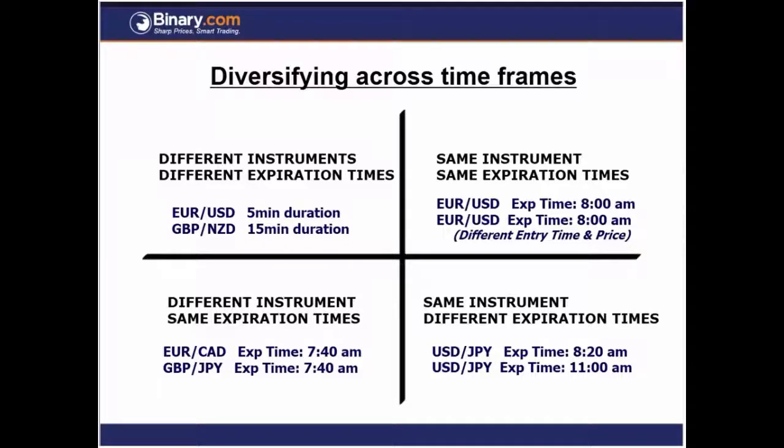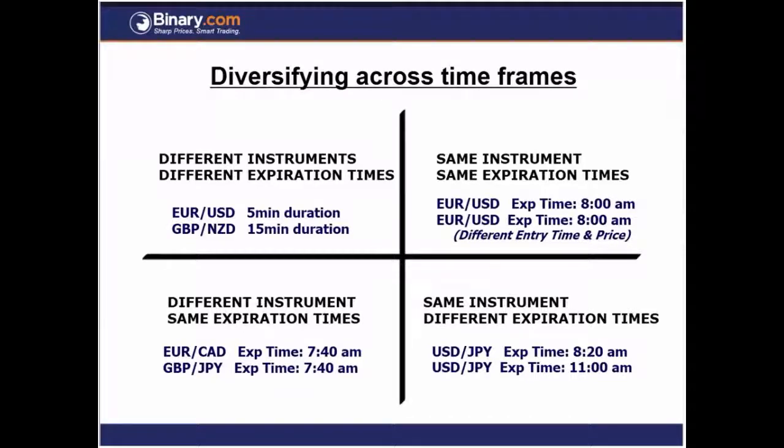Another way I like to diversify across time frames is using the same instrument but trading different entry times. For example, I might look to trade the Euro USD, but mix it up a little bit. I'll trade 8 a.m. as my expiration time, but I might enter one trade at, let's say, 7:30, and then another trade at 7:50.